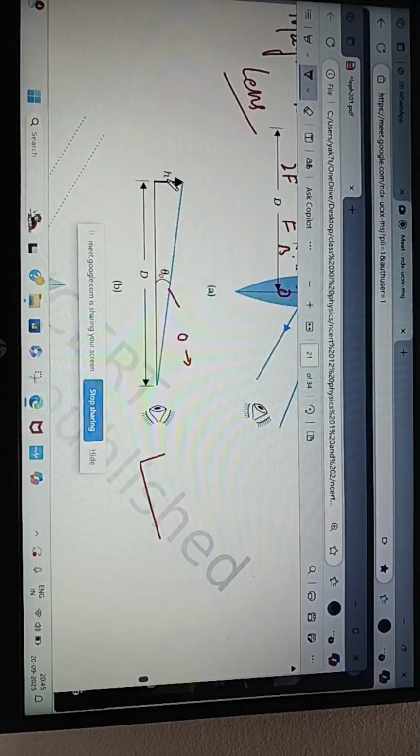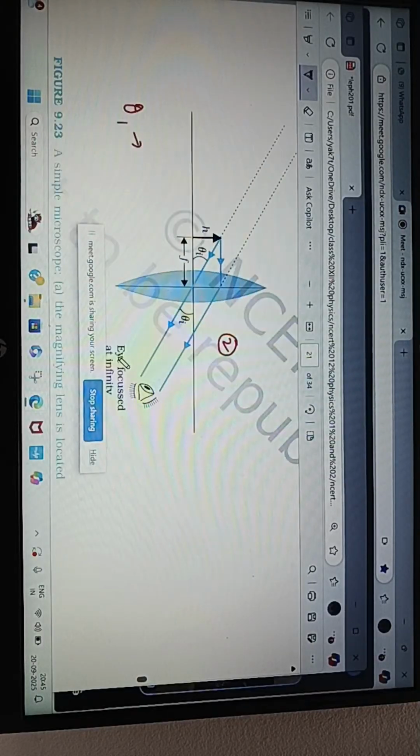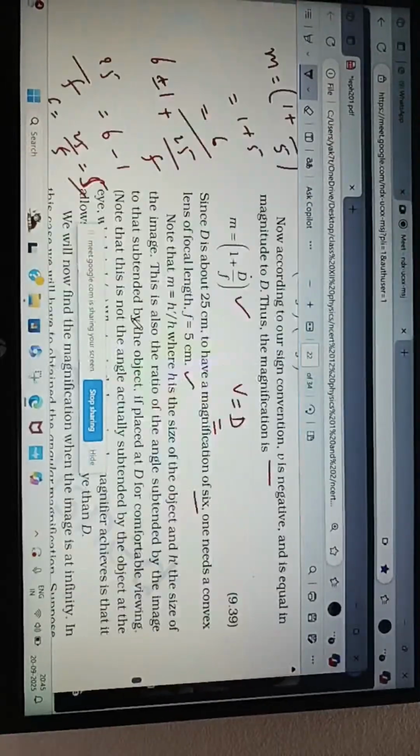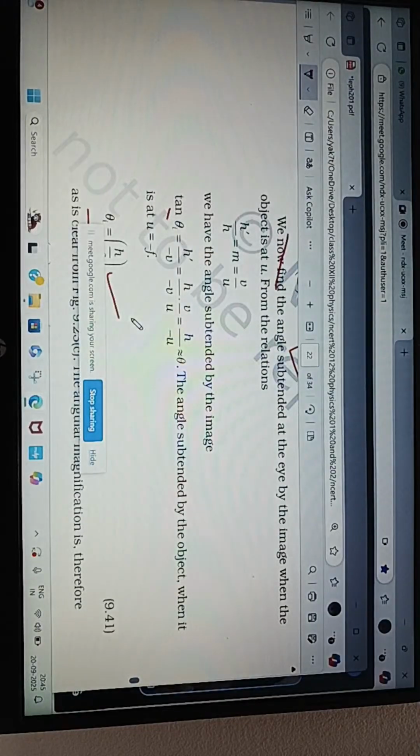The object is at D, so at that time theta 0 is H by D. And the object is at infinity, so at that time what will you get? Theta I is equal to sine inverse H by theta, given in the derivation. Theta I, where is it? Theta I is this, H dash by minus V.